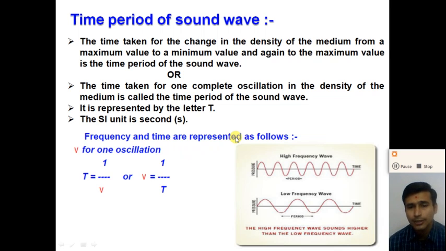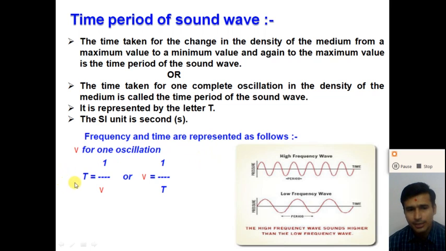If the frequency of the sound wave is high, the periodic time is low, and if the frequency is low, the periodic time is higher. So the frequency and periodic time are inversely proportional to each other.